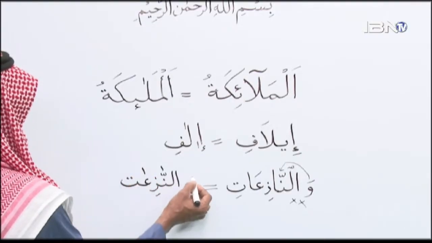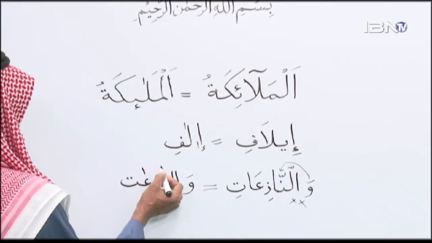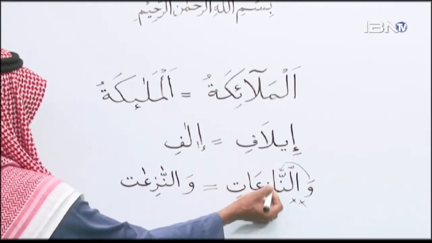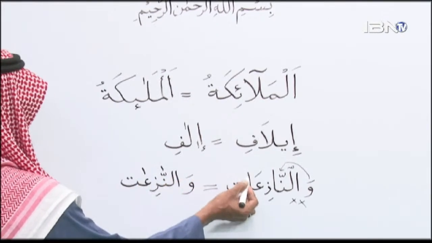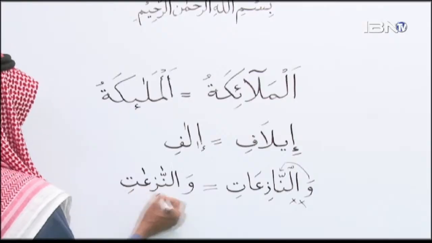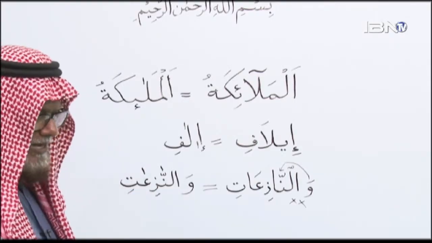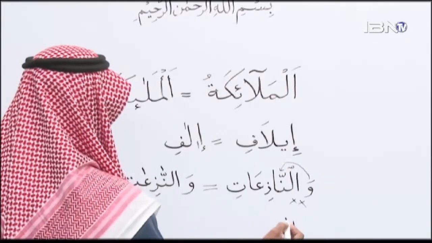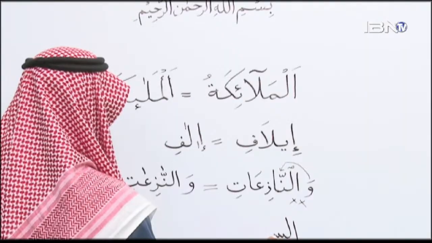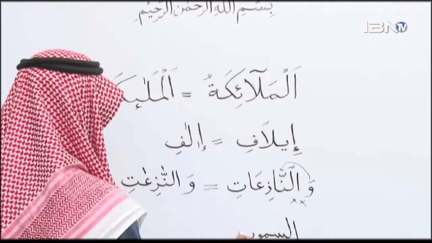So it's the same thing. Wan-na, the little alif here is replacing this long alif. Zi, the little alif replacing this long alif here. Wan-nazi'ati. So you have many examples of words like this, like as-samawat. It's written like this.